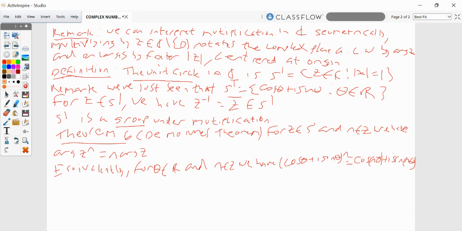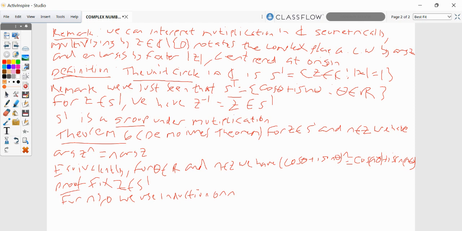Right, now let's prove this thing. Proof. We fix z in S1. So for positive n, we use induction on n.